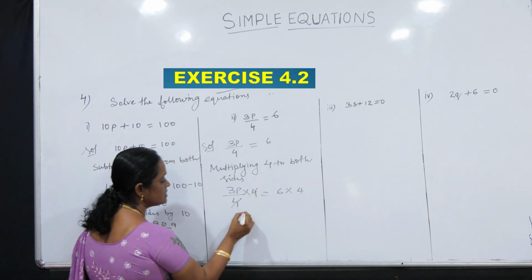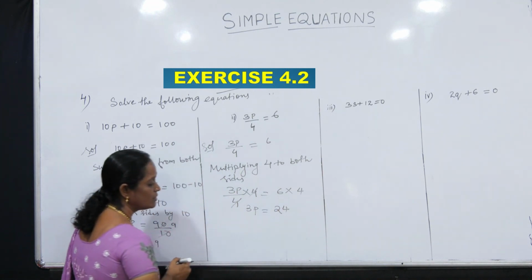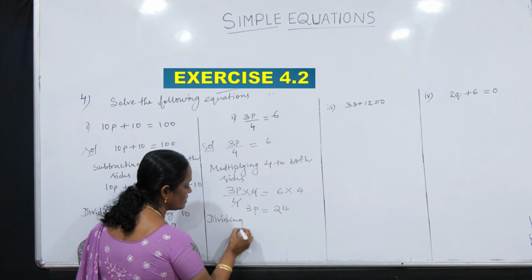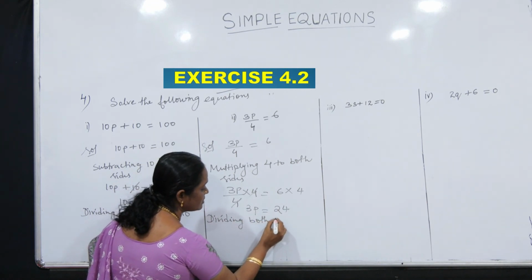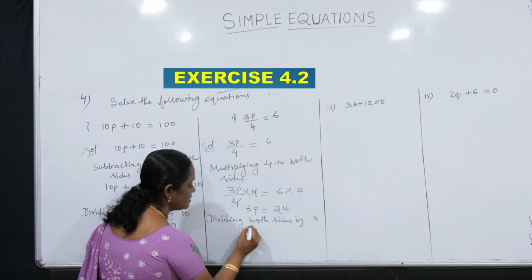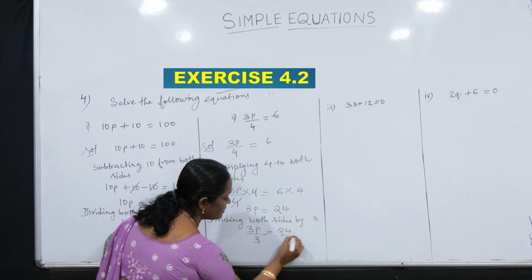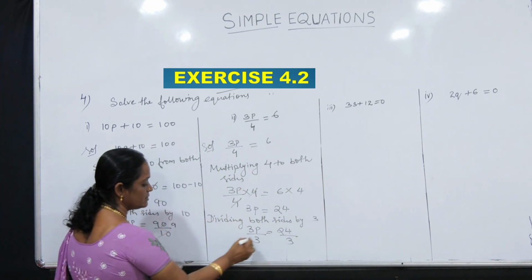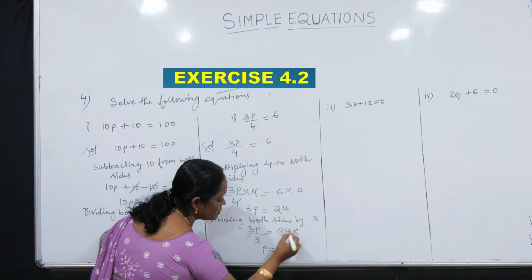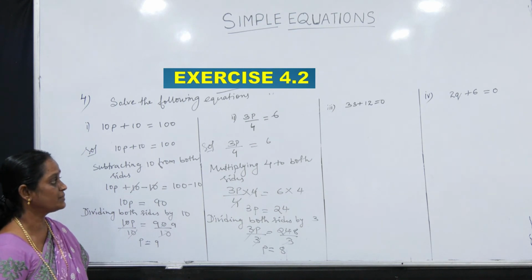This 4 will cancel. 3p is equal to 6 fours are 24. Now the second step is dividing both sides by 3. 3p divided by 3 is equal to 24 divided by 3. So here this 3 will cancel. p is equal to 3 eights are 24. So the solution to the equation is p is equal to 8.